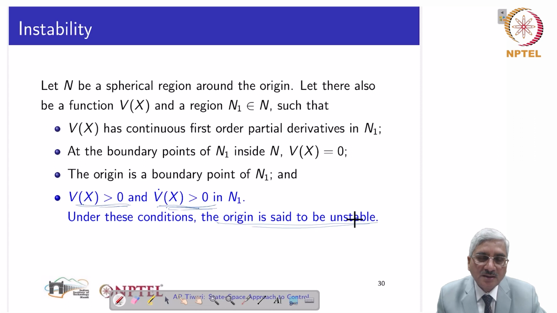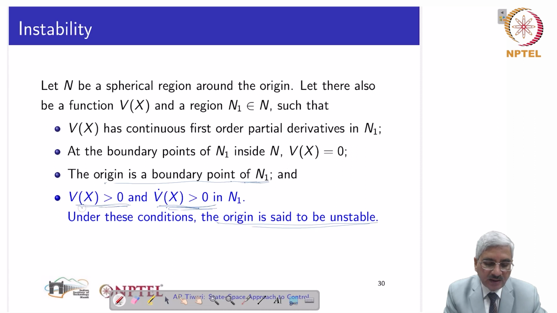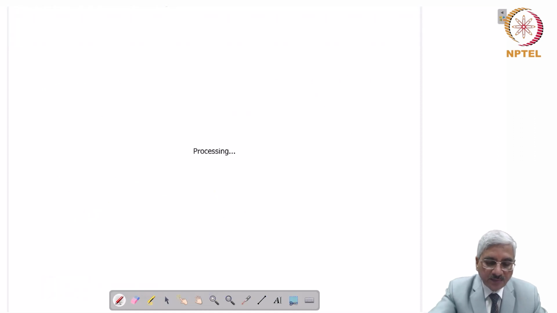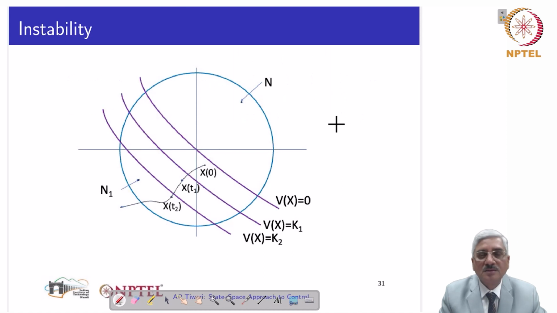So we are conceptualizing a region N1 which is inside N, then the origin is the boundary point of N1, and in N1 V(x) is greater than 0 and V dot x is also greater than 0, then the system is unstable. This is depicted by this diagram.